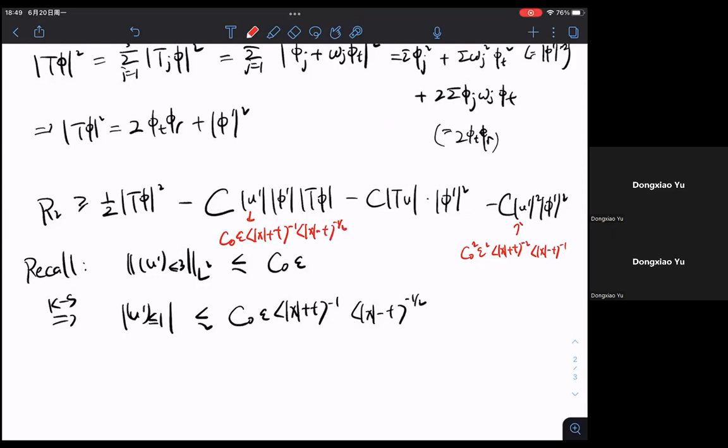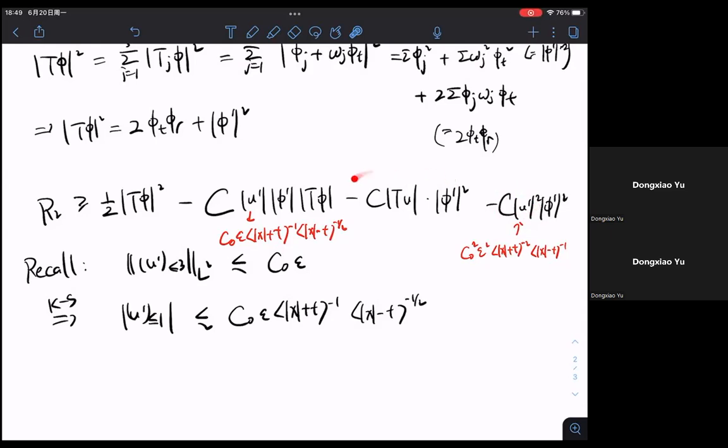The first term is a good term because it is positive, because it is some norm of the T phi square. So you know that this is at least non-negative. The second term is good because we can control this using T phi prime and T phi times some given bounds depending on X and T. The last term is also good because you take the square of U prime, which is also good.